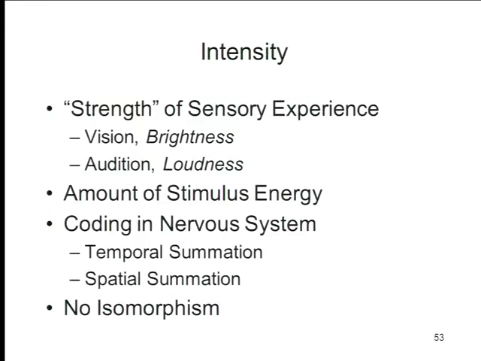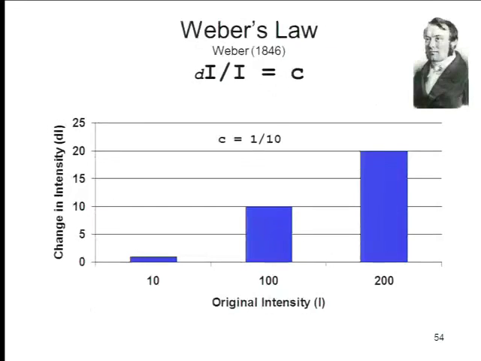But it turned out that there's not a one-to-one relationship between physical intensity and psychological intensity. The guy who discovered this first was Weber, who gave us Weber's law, delta I over I equals C, which, translated into actual words, means the amount of change necessary to produce a perceived change in a stimulus is a constant fraction of the original intensity.